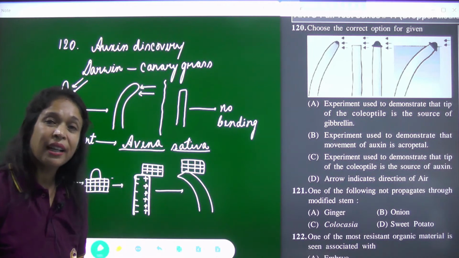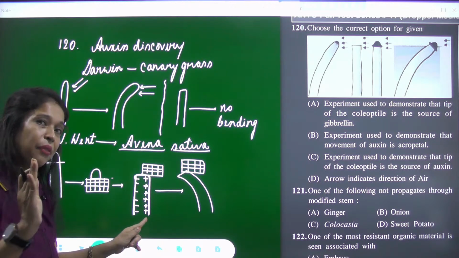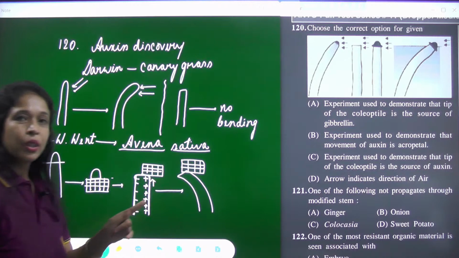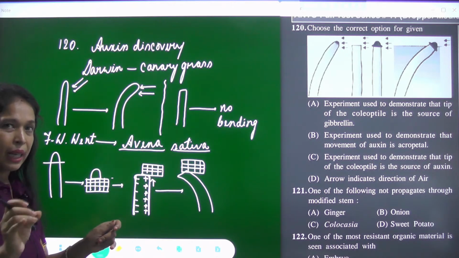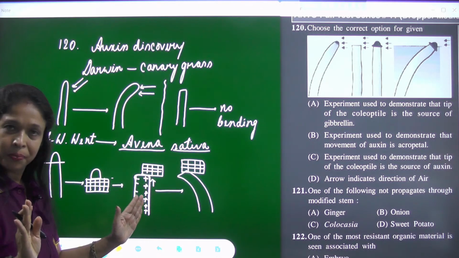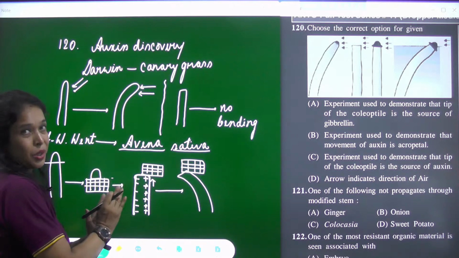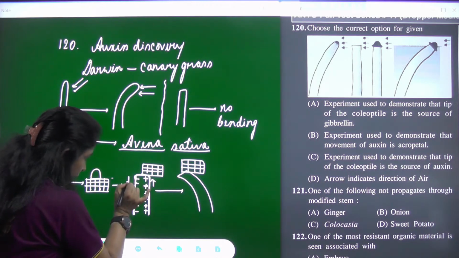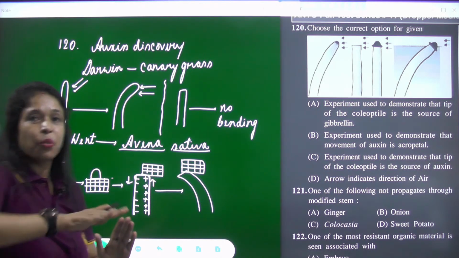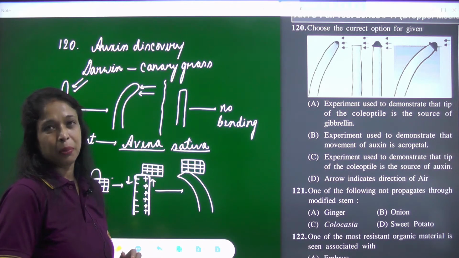So what does it prove? The side of the stem having the agar block has more auxin concentration. Till that time it was not named yet, but the chemical concentration is more there, and on the side where the agar block was not present, the concentration was less. This is why it bends to the opposite side of the agar block.